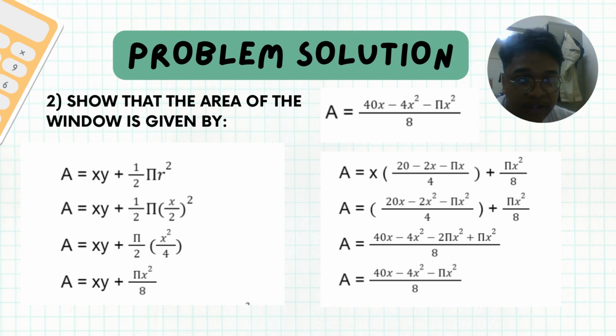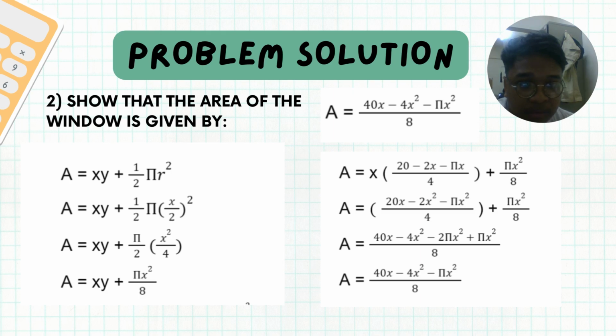We simplify it. So we substitute the value of y in the equation xy plus pi x squared over 8. We get area equals x times the bracket 20 minus 2x minus pi x over 4, plus pi x squared over 8.